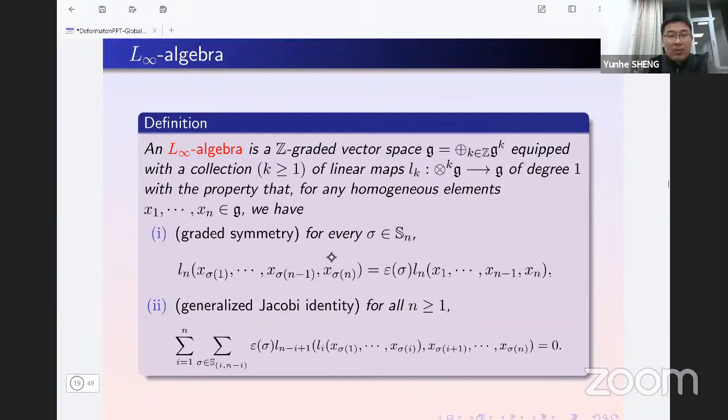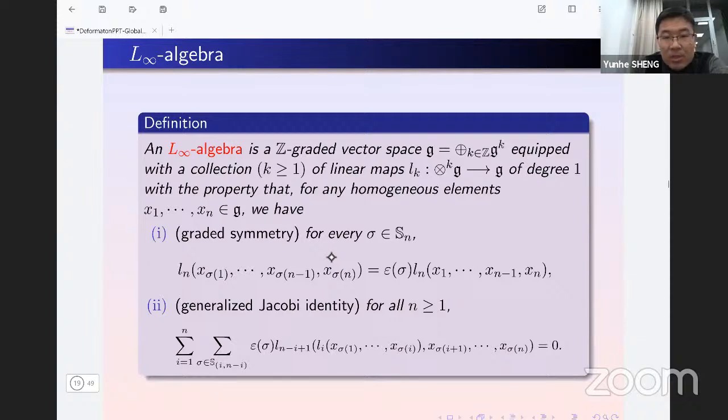Since we will see that the controlling algebra for relative Rota-Baxter Lie algebras will be an L-infinity algebra, here I give the precise definition of an L-infinity algebra.